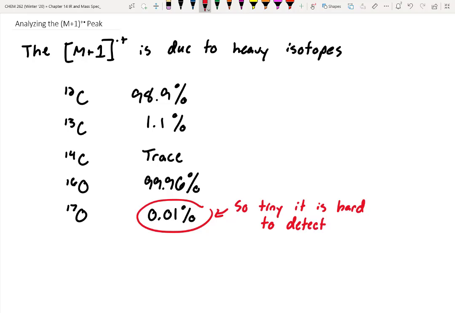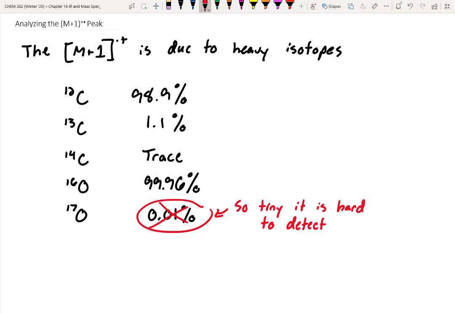So at least the practice problems in our book, we're not going to be worried about heavy oxygen. You really only use heavy oxygen if you have a very, very expensive mass spectrometer that can go out to multiple decimal points. But for right now, we're not going to worry about this.